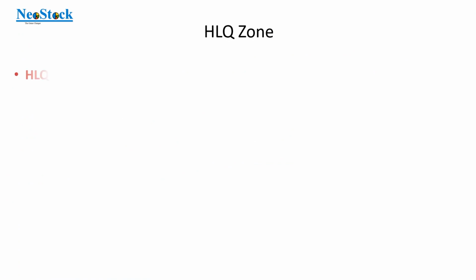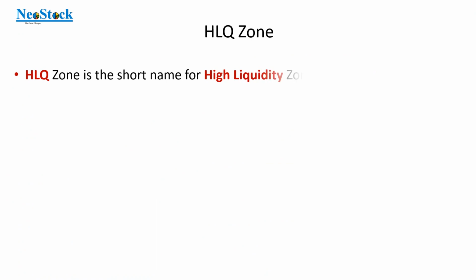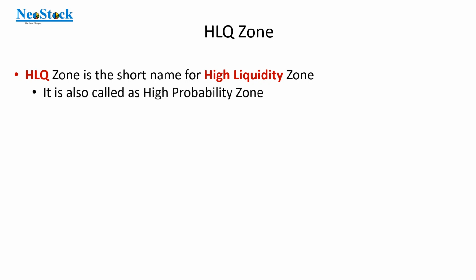HLQ zone is the short name for a high liquidity zone. It is also called a high probability zone. That means the zones that have more institutional pending orders, we call them high liquidity zones.